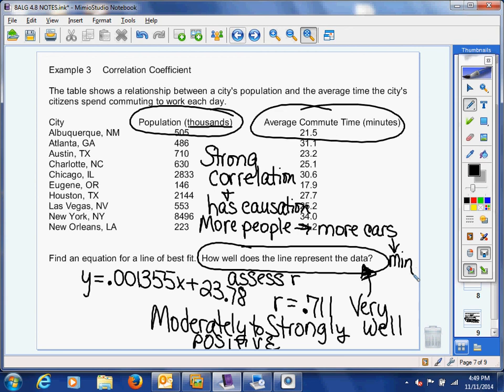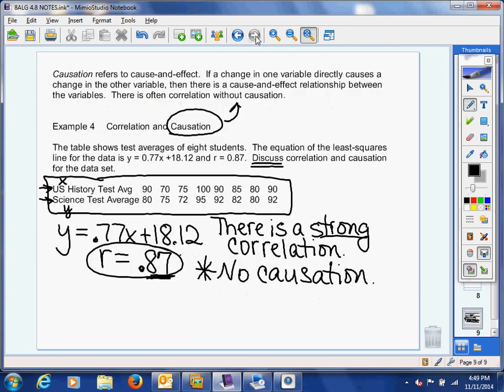So definitely, if there's not a lot of traffic, you're going to get to your destination a lot faster than if there's lots of traffic and you have to wait on cars to get through. Here, I showed you an example where you may have strong correlation, but those two don't have any causation. History test average does not cause the science test average.